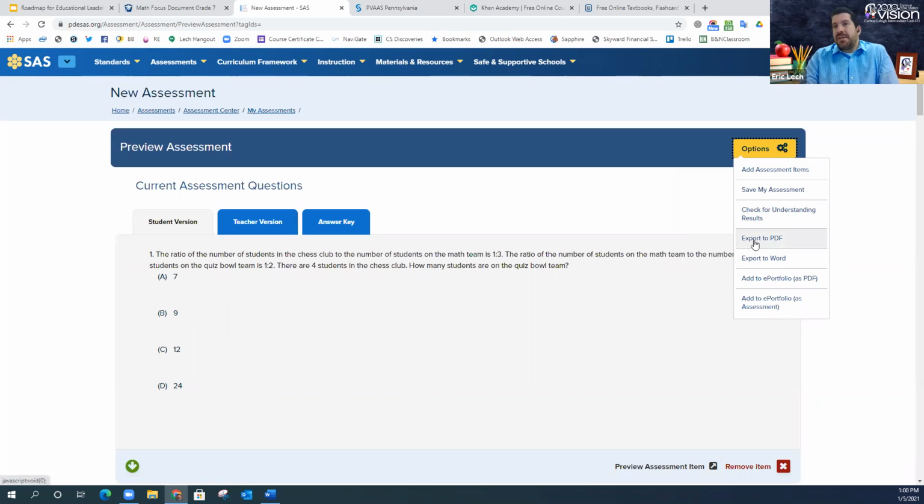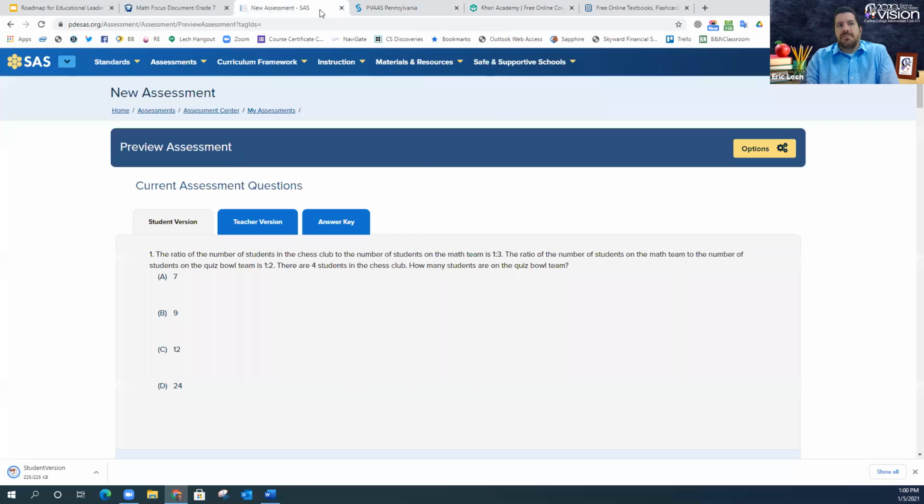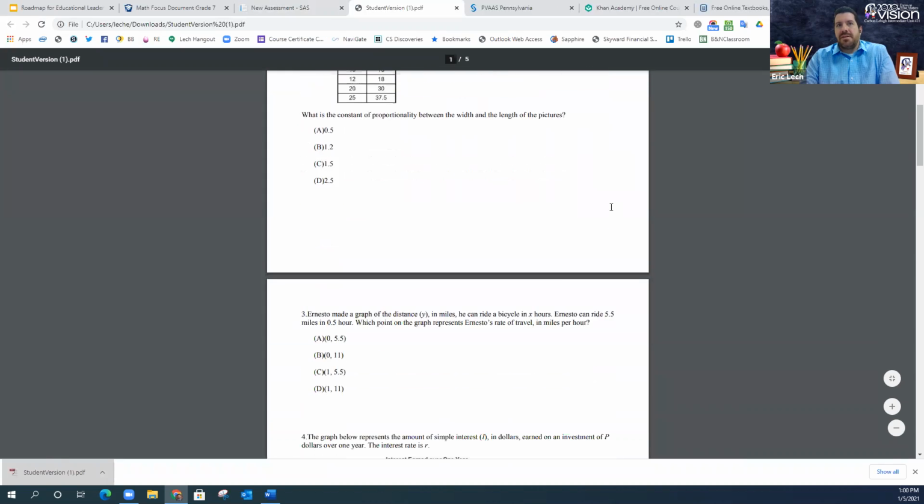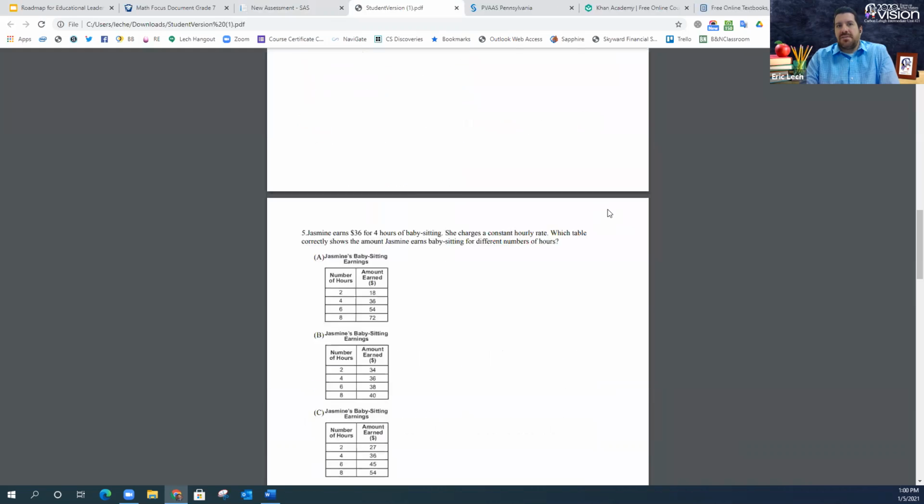Any of those are possibilities. So for now, I'm going to export to PDF just so that you can see what this looks like so that you can deliver it to students. So it creates a nice clean PDF with the questions for students.